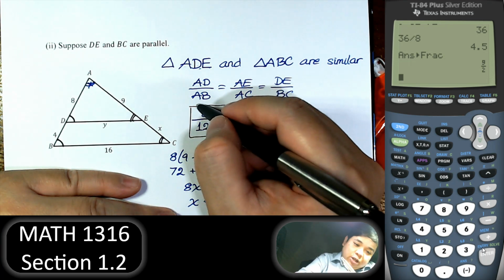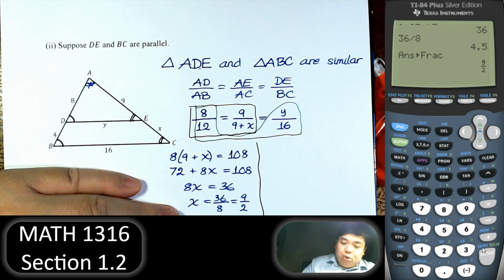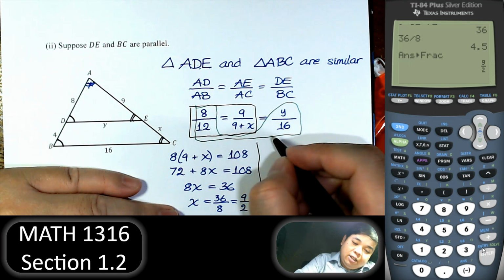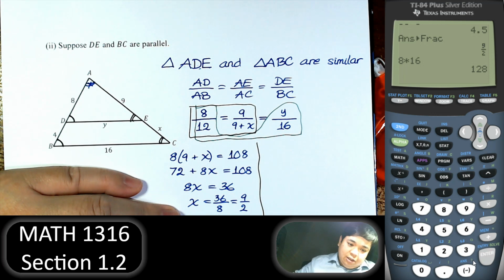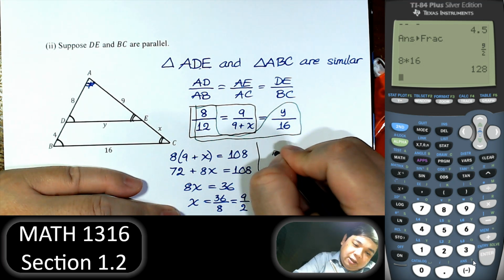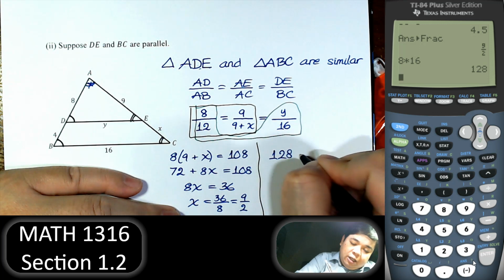Then next we take the first and the last ratio and cross multiply. So 8 times 16 is 128, equal to 12y.